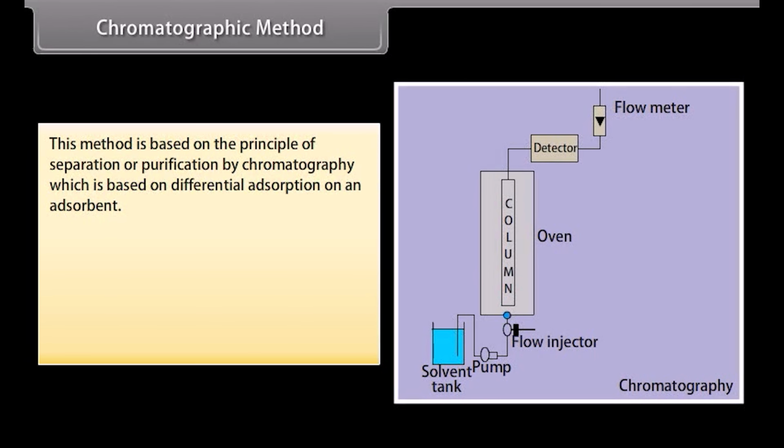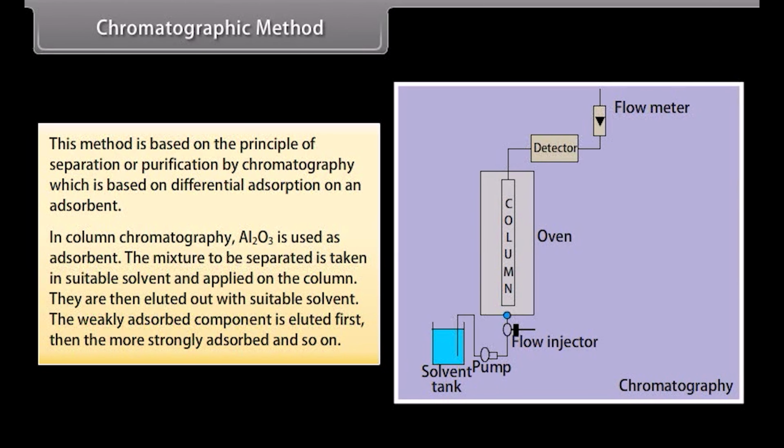Chromatographic method. This method is based on the principle of separation or purification by chromatography, which is based on differential absorption on an absorbent. In column chromatography, Al2O3 is used as absorbent. The mixture to be separated is taken in suitable solvent and applied on the column.